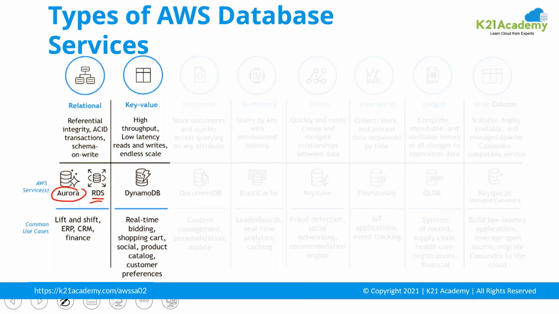Isolation means that when multiple transactions are occurring, they will occur independently. It won't be that one transaction interrupts another transaction and both of them fail. If multiple transactions are happening, they occur independently without interfering with each other. That is known as isolation. And D stands for durability.